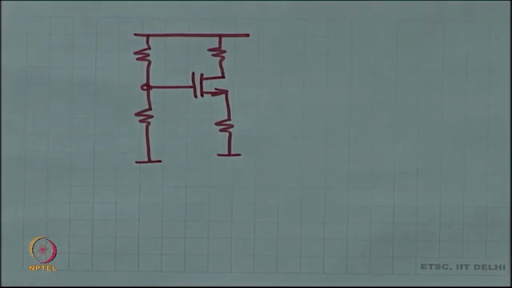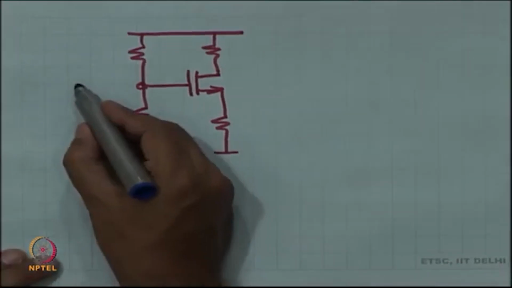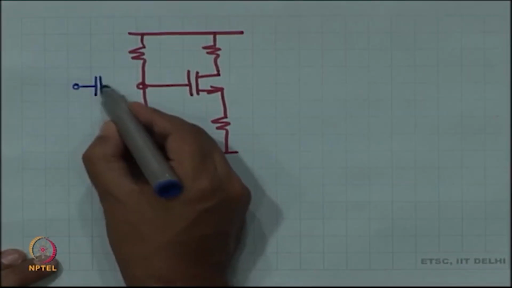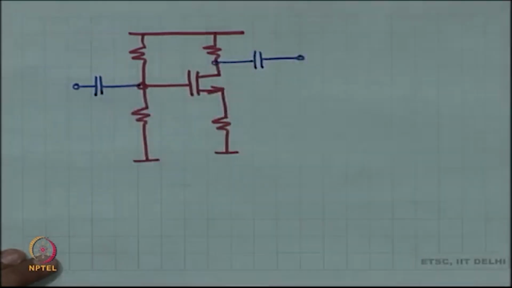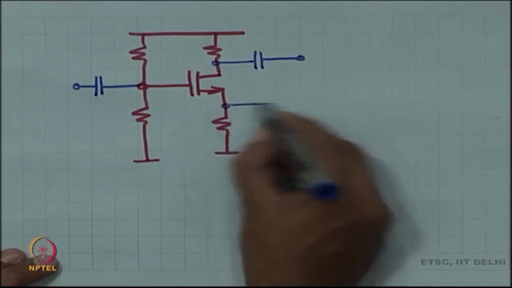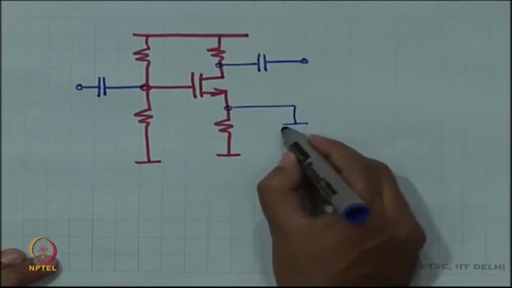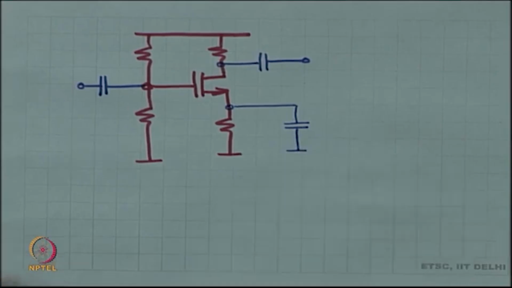Then on top of this, we had all the capacitors, right. This is your input capacitor, this is your output capacitor. So, I am drawing the common source amplifier, and this is a capacitor which clamps the voltage at the source to a fixed value. Okay, this is our setup.